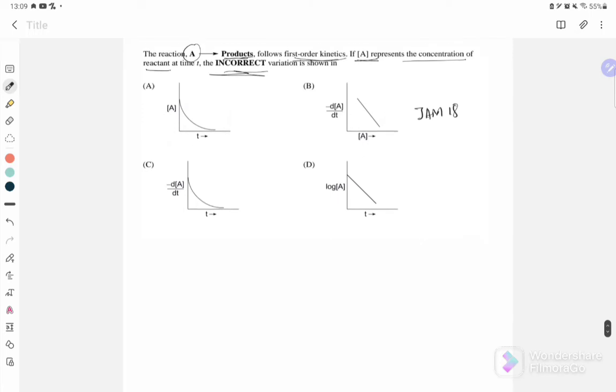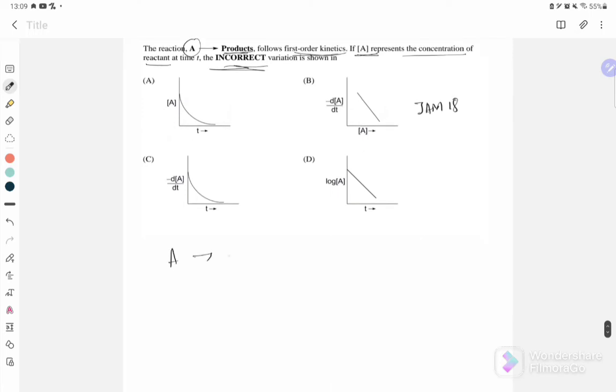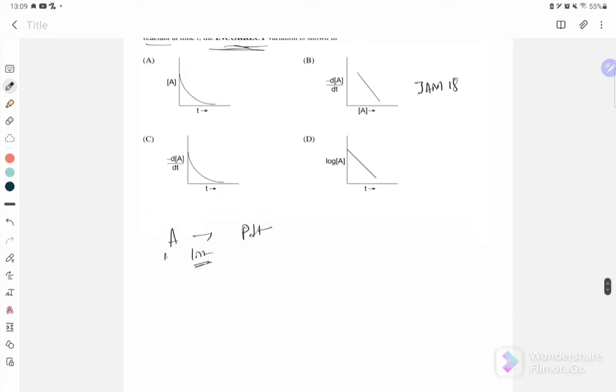So from A to product, that is a first order reaction, and the initial concentration is A0. We know the rate, dA by dt, the rate of this reaction, depends on k1 A. So this is our rate equation.